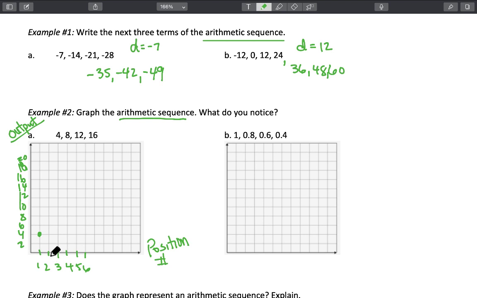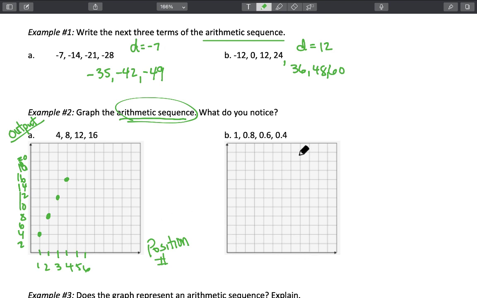Then 2 over, the second term is 8, so 2 over and 8 up. Then 3 over and up to 12. And then 4 over and 16. You can probably guess that the fifth term is going to be up here at 20. We don't have that listed, so we don't have to plot it. We are done graphing our arithmetic sequence when we plot those 4 points.